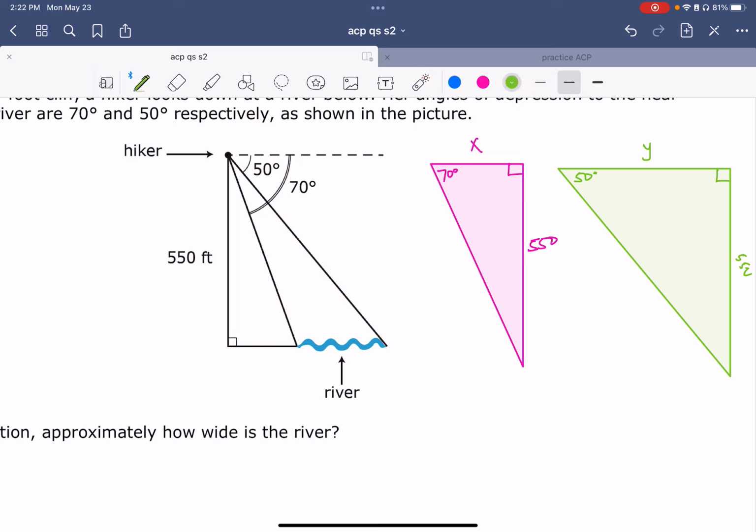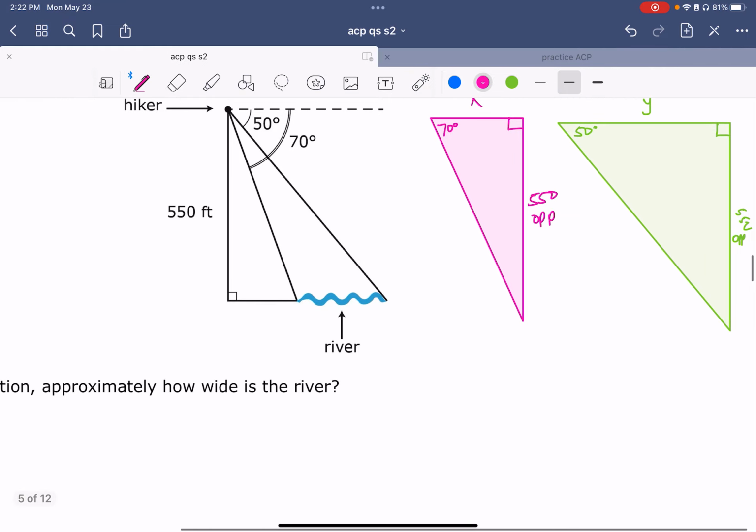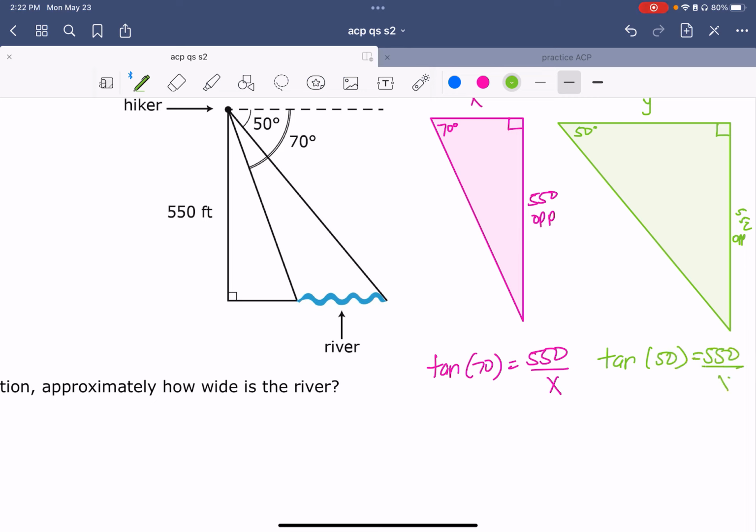Remember, across from the angle you have the opposite leg, and next to the angle you have the adjacent. That's the same for the green one. So for both of them, we're going to be using tangent. Tangent of 70 is equal to 550 over x. Tangent of 50 is equal to 550 over x.